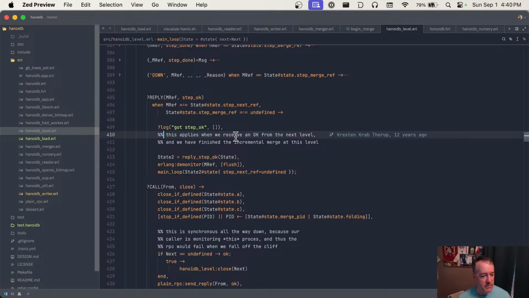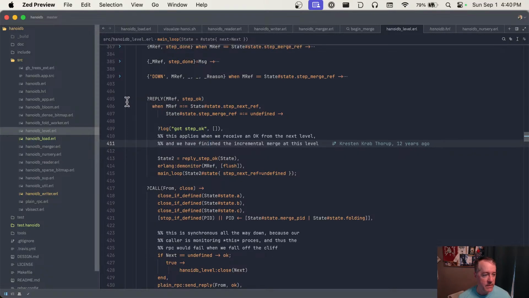Okay, so this applies when we receive an okay from the next level, and we have finished the incremental merge at this level. There's a question in my mind about what happens if our merger takes longer than the deeper levels' merge. Maybe we'll find that down below.